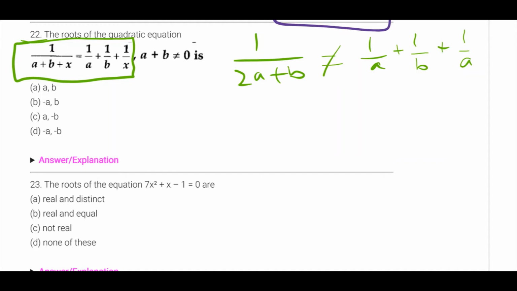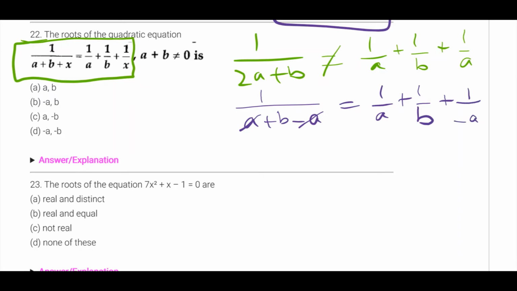If I go to option 2, I have 1 by minus a comma b. If x is minus a, a plus b minus a, these two get cancelled, and 1 by a plus 1 by b plus 1 by minus a, these two get cancelled.